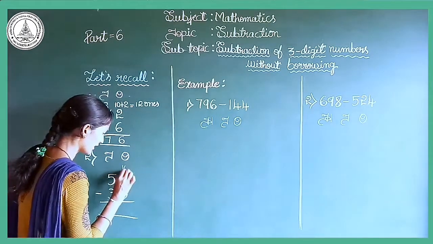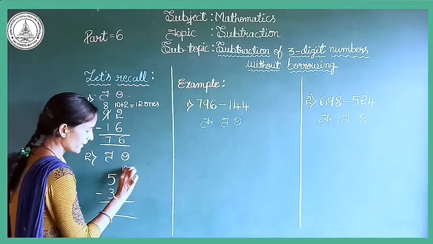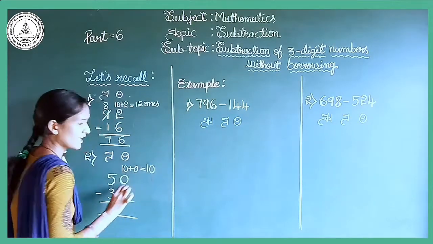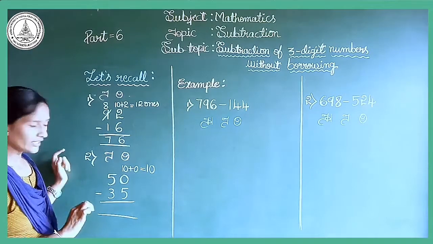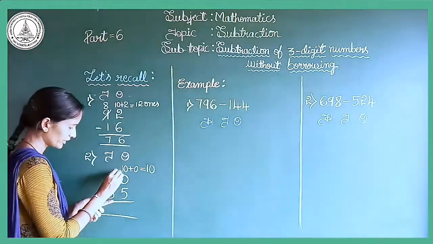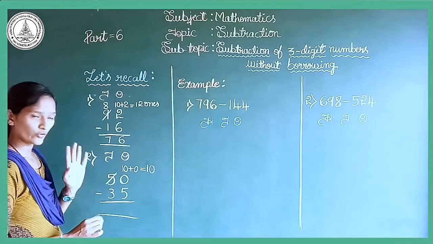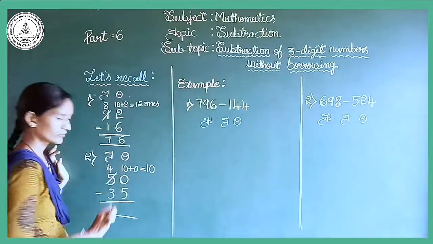See here, 10 ones plus this 0. 10 plus 0 is again 10. Now after giving the borrow, this 5 tens becomes 4. 5 minus 1 is 4.